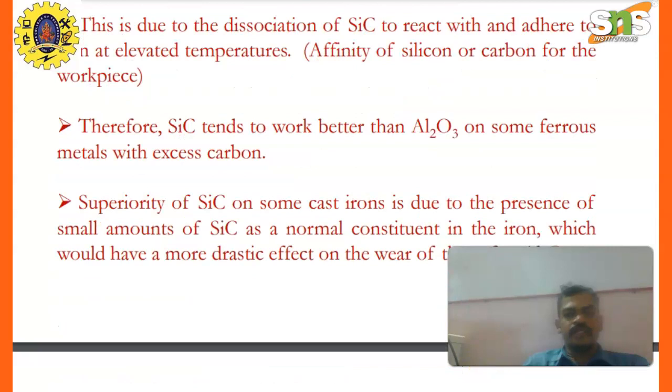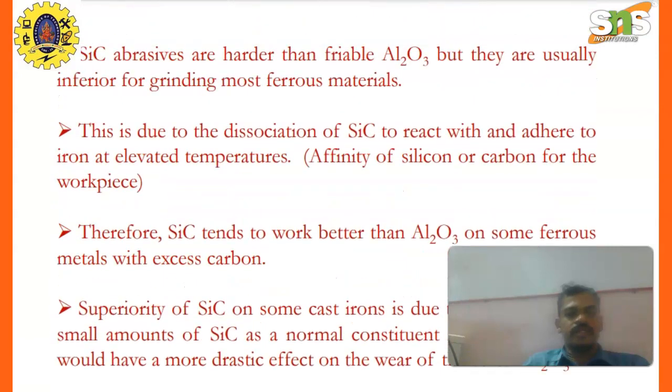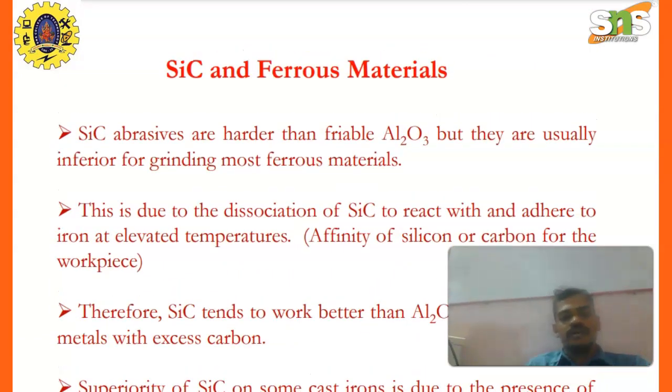The next one is SiC, silicon carbide, and ferrous material. The silicon carbide abrasives are harder than friable aluminum oxide, Al2O3, but they are usually inferior for grinding most ferrous materials.